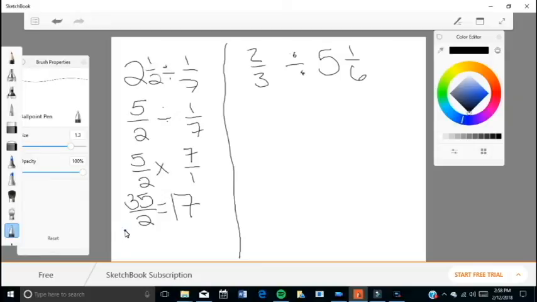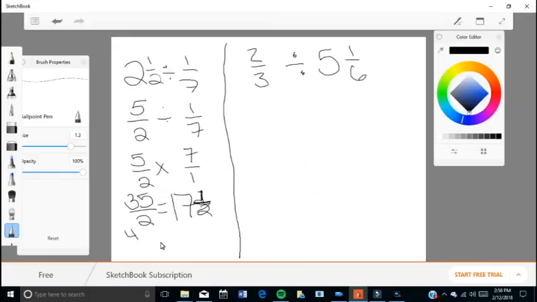So it's going to be 17 and 1/2. Okay, so when I divide a small number into a big number, I get a really big number as the answer. It makes sense because it's saying I have 2.5 bricks and I'm going to cut each brick into 1/7 of a piece. So I should have tons of little tiny bricks when I'm done.